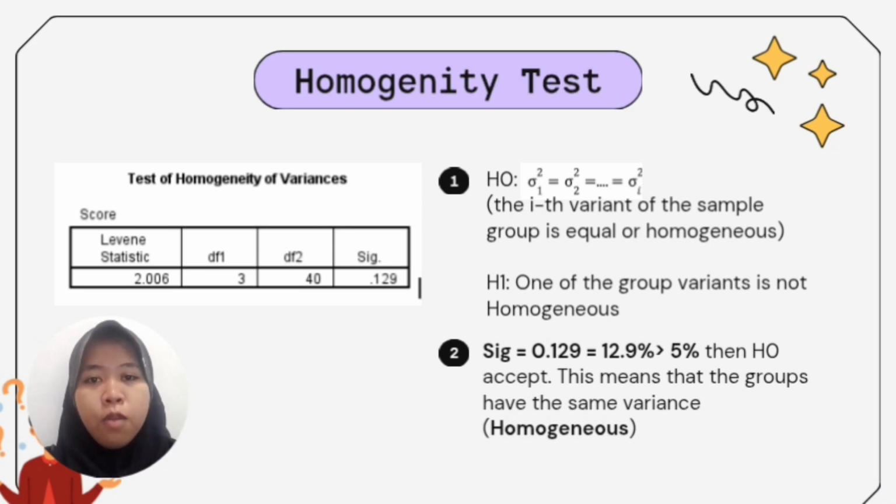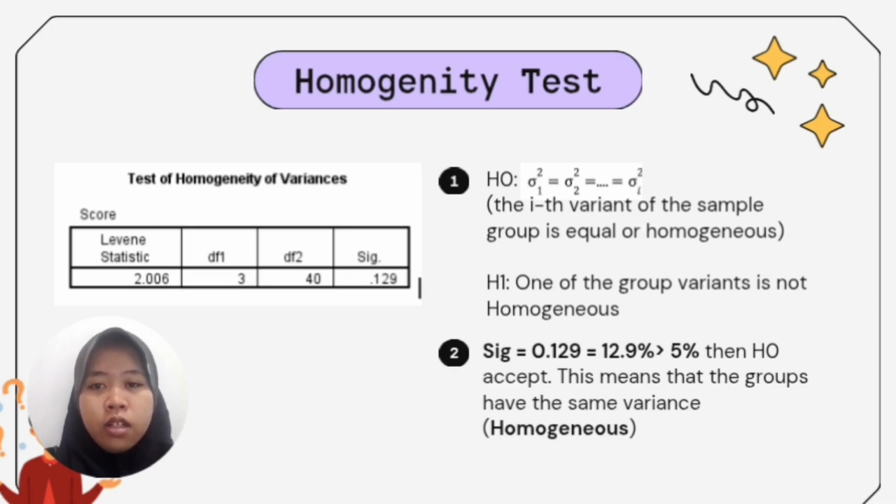Okay, for the homogeneity test, we first write the hypothesis. H0 is sigma 1 squared equals sigma 2 squared and so on up to sigma i squared, meaning the variance of the sample groups is equal or homogeneous. H1 is that one of the group variances is not the same, or we call it not homogeneous.